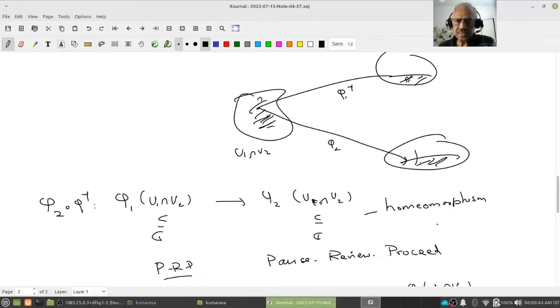Now I can ask a similar thing. I can go the other way around, right? So I go from here to here, take any point z here, and under phi 2 inverse I will land in u1 intersection u2, and then under phi 1 I will land here, right?